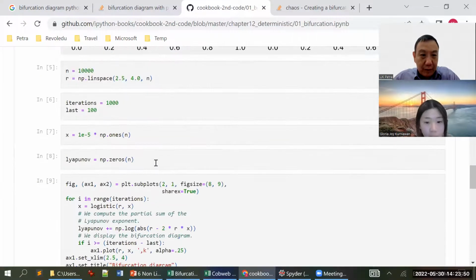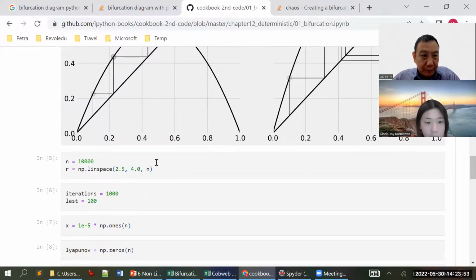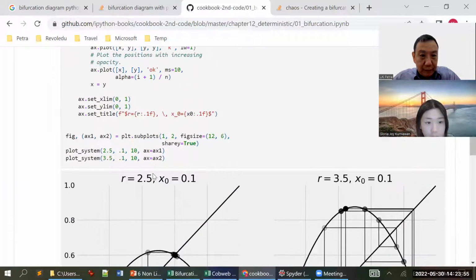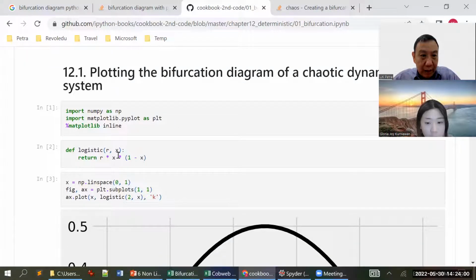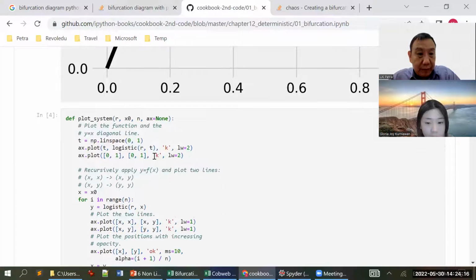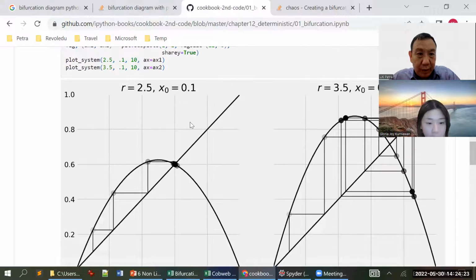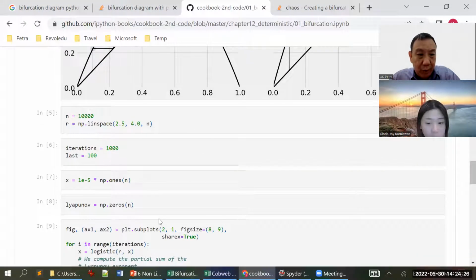So basically you can get this one. This is the logistic equation with R and X0. You see that the R is your mu. In the slide it is mu, so here they put R. So this is the R and this is your X0. R is the mu in my slide.